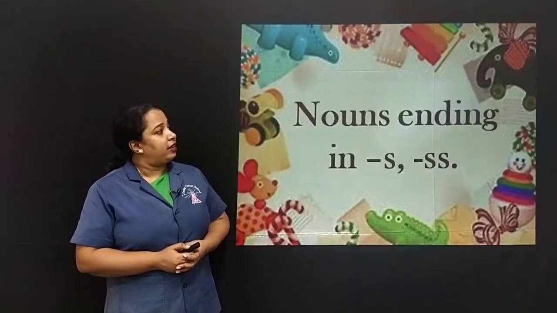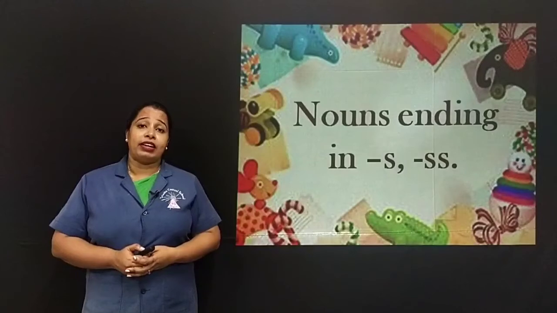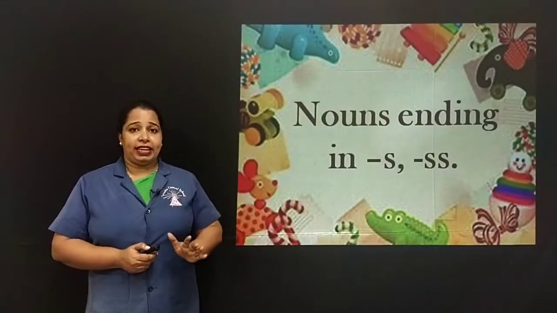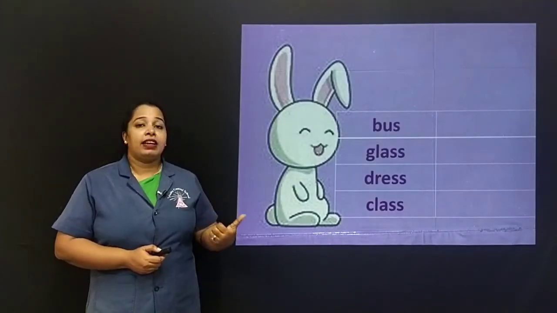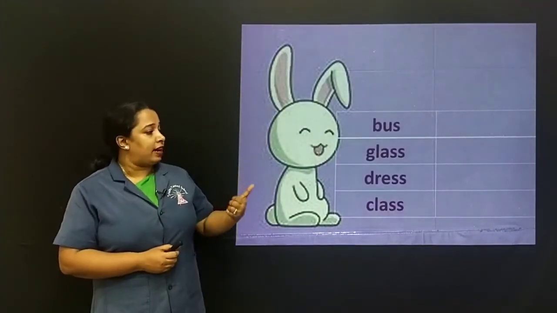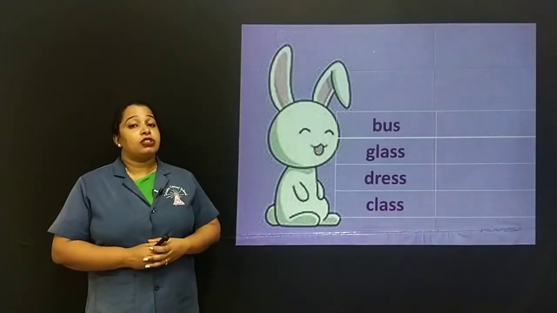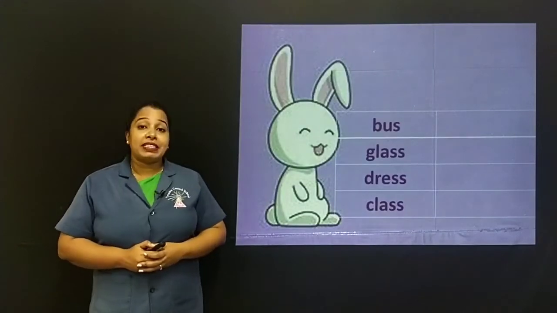Let's move on and learn the next rule. Nouns ending in S or SS. That means their last letter or the ending letter should be S. Bus, glass, dress, class. Now bus ends with one S, whereas glass, dress and class are ending with two S's. So how are we going to make it plural? How are we going to make bus plural?